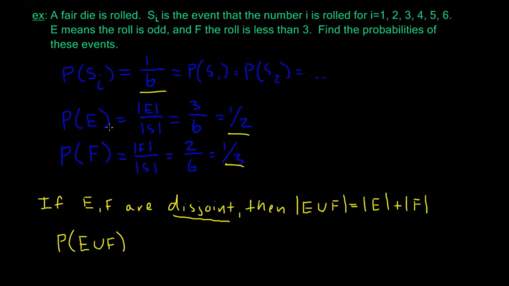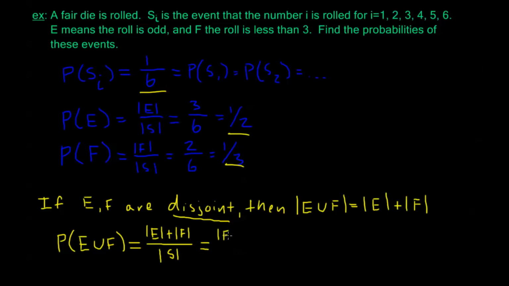So up here, for example, I could say the probability that the roll is odd or less than 3 would be the probability of E union F. Well, that's just going to be the order of E union F, which is the order of E plus the order of F, divided by the order of S. Right? I'm really just plugging in order of E union F as a single event up here, but we found it to be E plus F. Well, I can break this up.